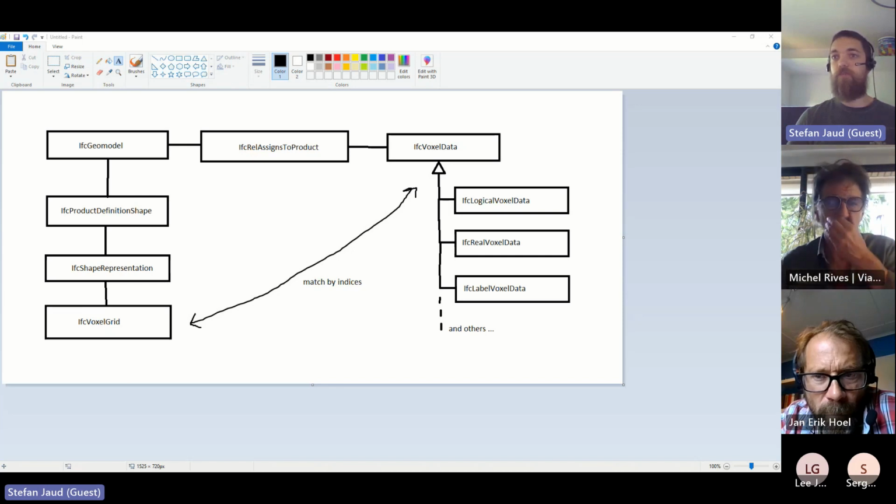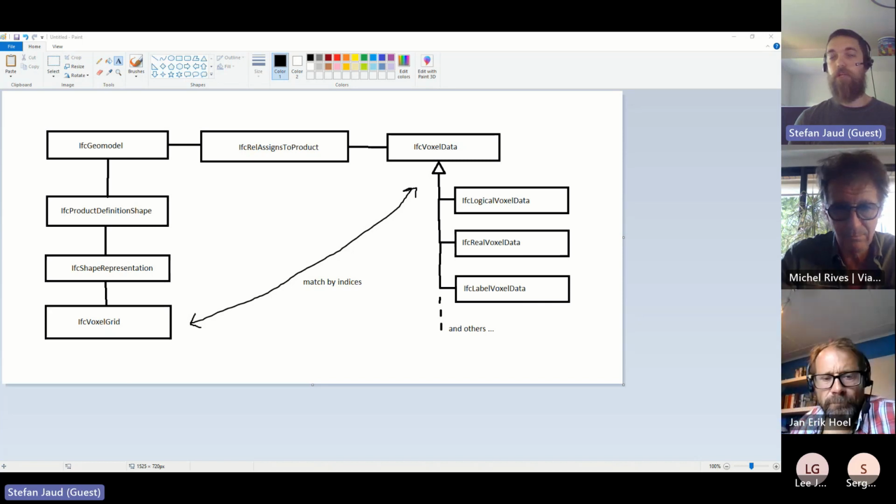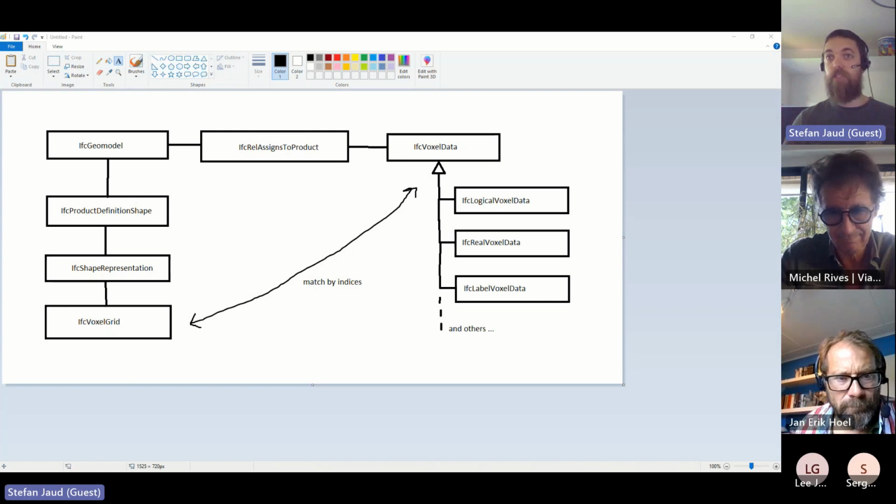So while Sergey was explaining, I was drawing the sketch, and this is basically what we were saying. If you have, for example, an IFC geomodel that you would like to represent by voxels, then you would need a rel assigns to product to the IFC voxel data, that is then being one of the instances, for example, logical voxel data, label voxel data, real voxel data, or whichever it is.